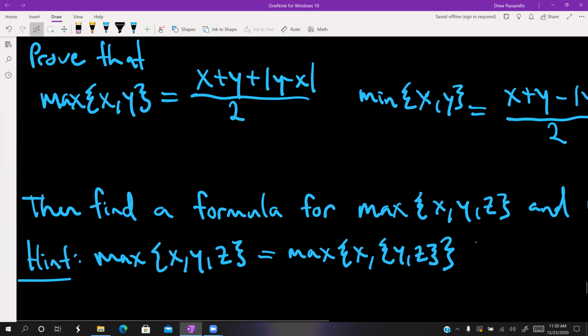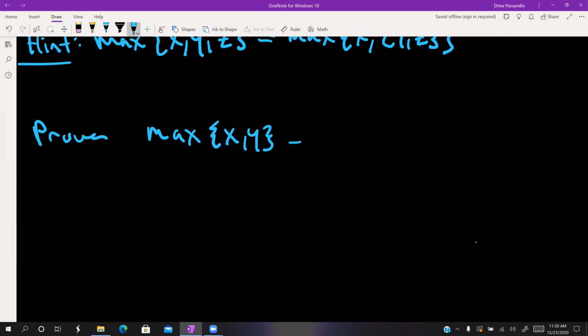And so the first one: I'm going to prove that the max of x and y is equal to x plus y plus the absolute value of y minus x, divided by 2.